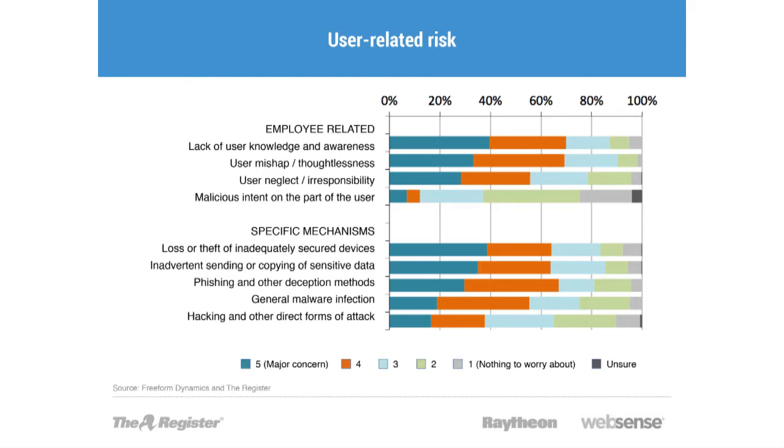It's been an issue since the day the first laptop came into the business, and arguably the day the first PC came into the business, because PCs were stolen from offices as well. It happens a lot. But then you've got all the way through to deliberate external attacks coming in via phishing, which are getting more and more sophisticated, much more targeted to individuals, using a lot of that social media information that we've all pushed out there, all the way down to direct hacking, targeting us as an organisation specifically.